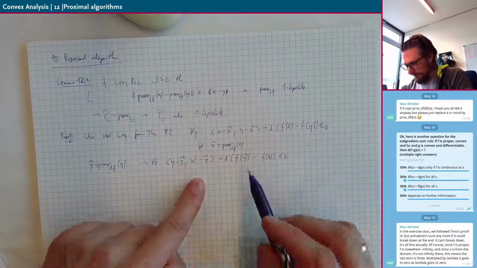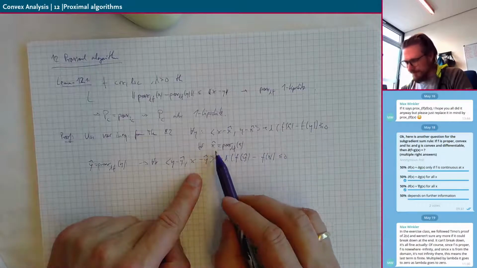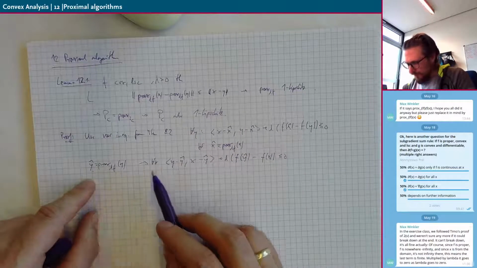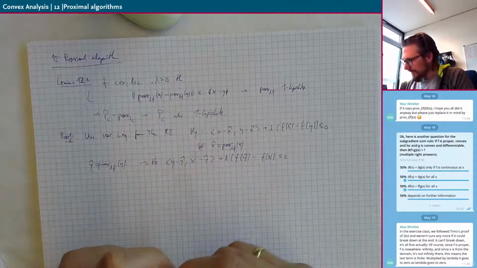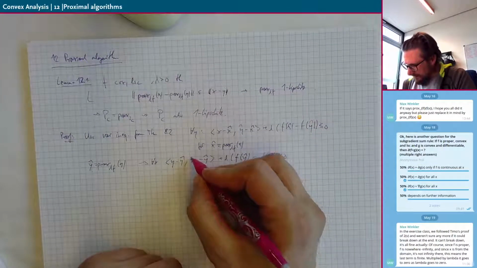So this is the variational inequality for this pair: if x hat is the prox of x, it holds for all y, and if y hat is the prox of y, it holds for all x. What we can do is choose y hat over here and x hat over here.